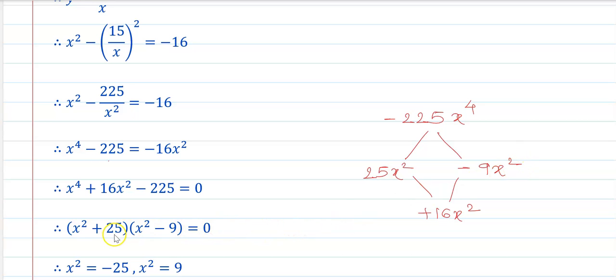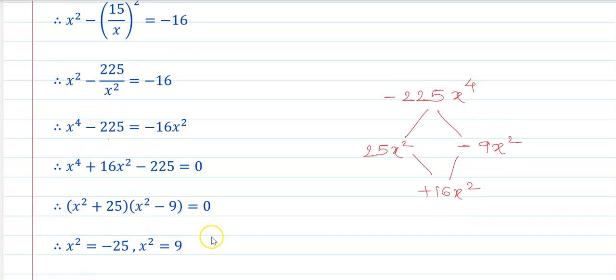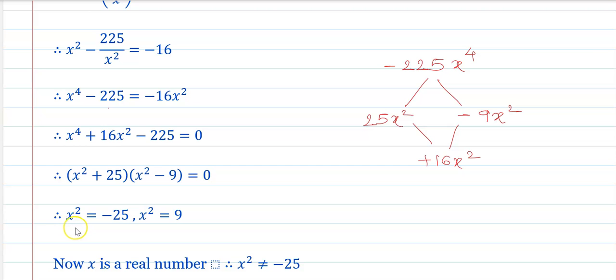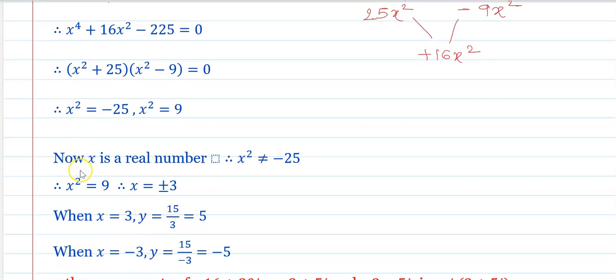Okay. And hence the factors are (x square plus 25)(x square minus 9) is equals to 0. And as x square is equals to minus 25, x square is equals to 9. But x is a real number. Therefore, the square of real number is not negative. Therefore, x square is not equals to minus 25. And as x square is equals to 9, therefore, taking the square root on both sides, x is equals to plus or minus 3.